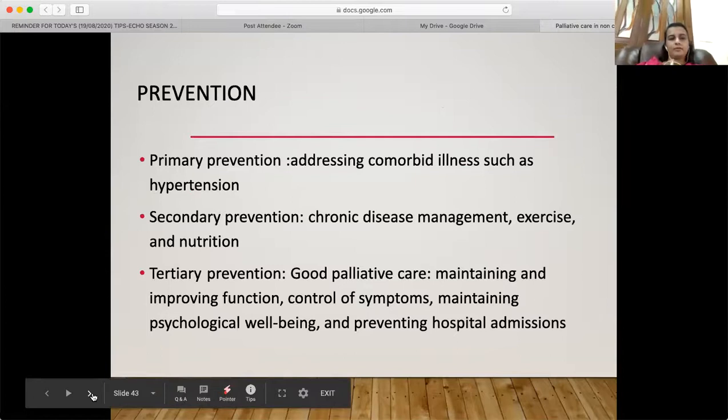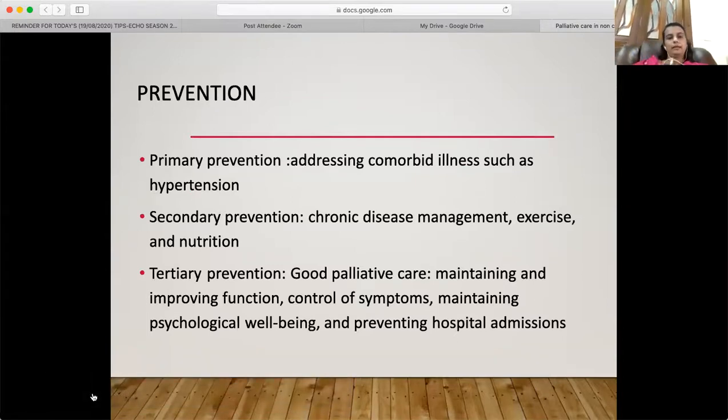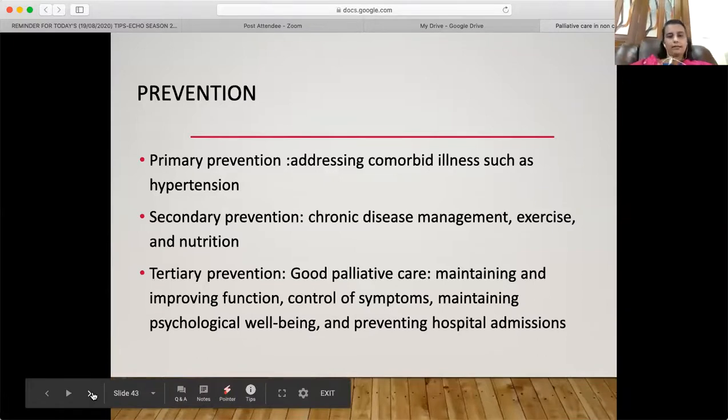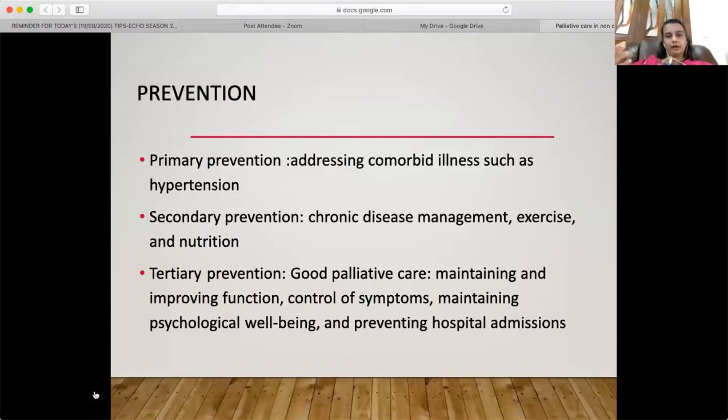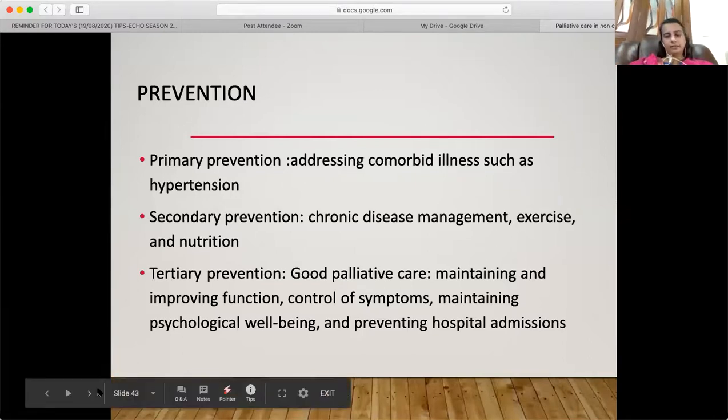Primary prevention would involve addressing comorbid illness like hypertension. Secondary prevention is chronic disease management, exercise and nutrition. Tertiary prevention would involve identifying the frail individual, providing good palliative care, maintaining and improving function, like regular exercise, controlling the symptoms, maintaining psychological well-being, and preventing hospital admissions.